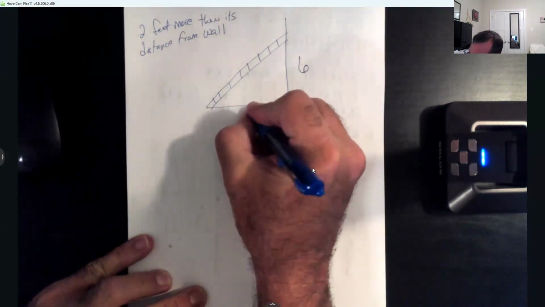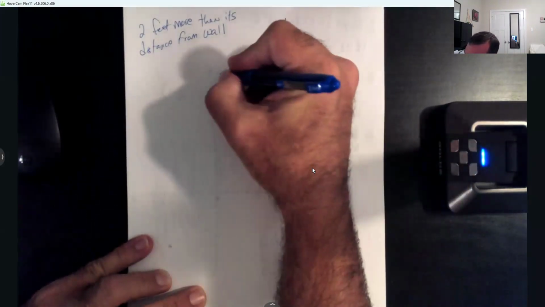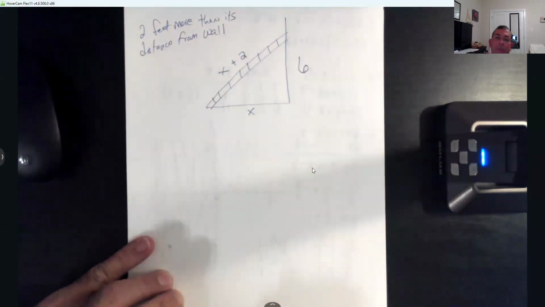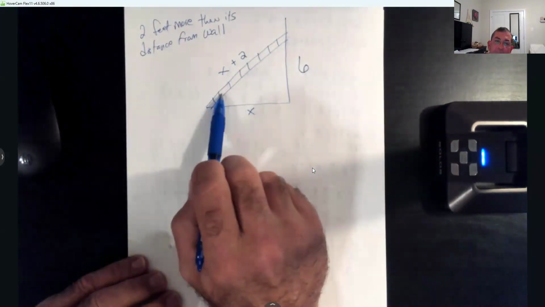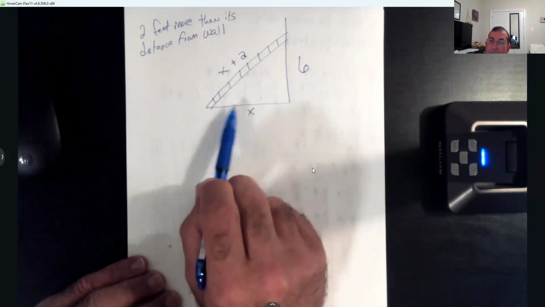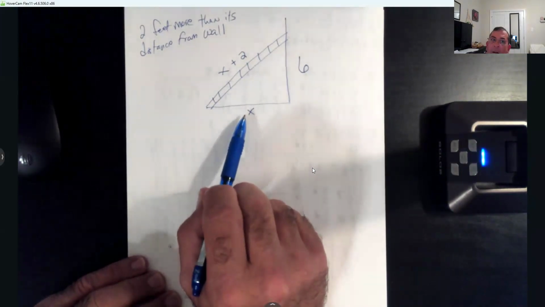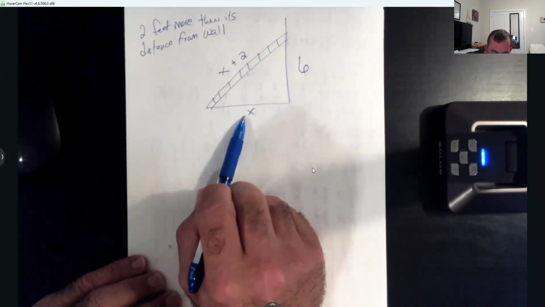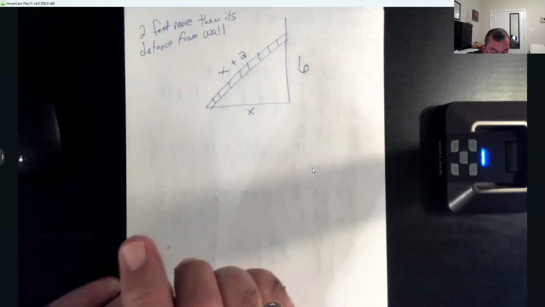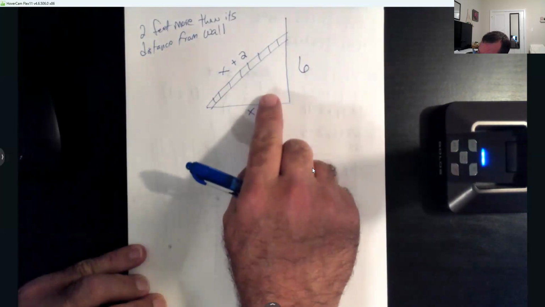So I'm going to make this distance x, and this will be x plus 2. Now realize they want me to find the length of the ladder, not the distance from the wall. And they don't give you both answers, they just give you the length of the ladder, okay?